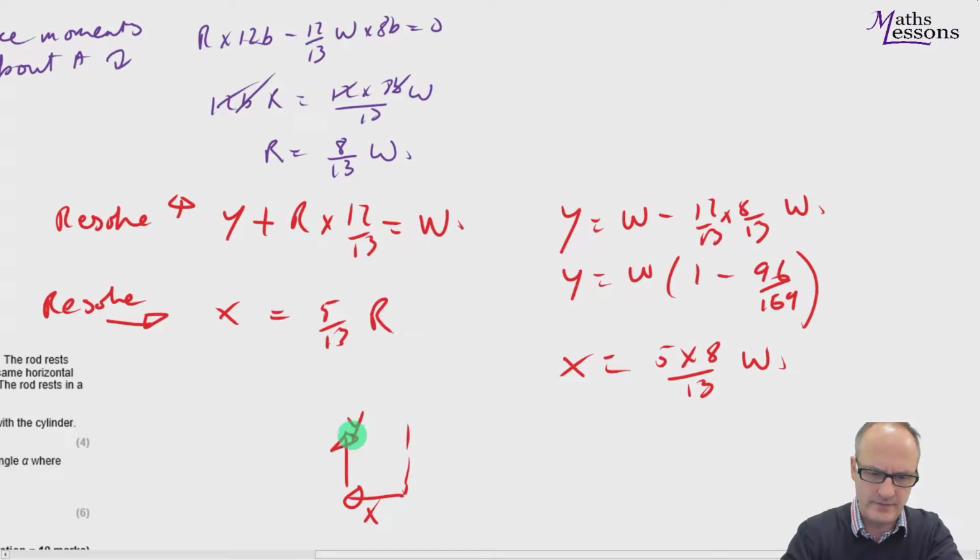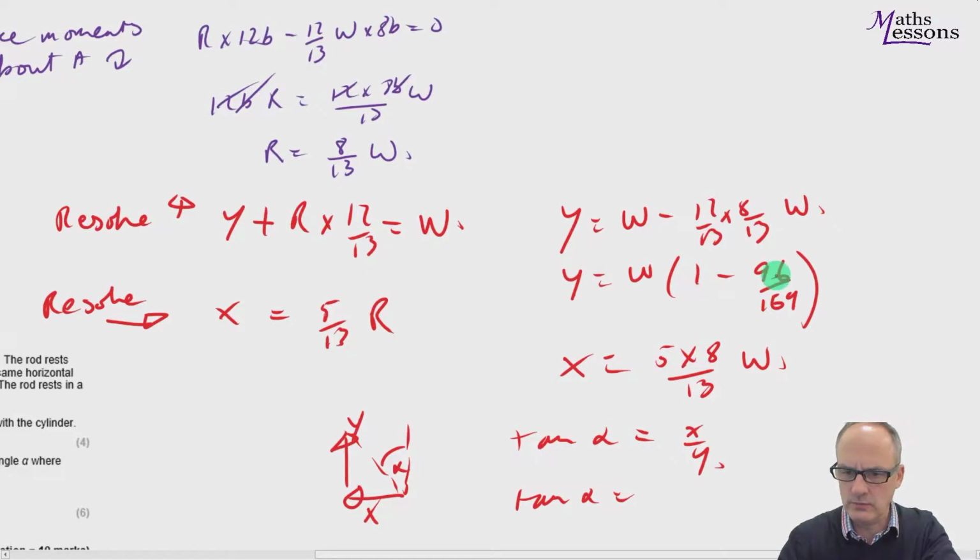Actually, alpha is measured from the vertical, so therefore tan alpha will equal X over Y. So tan alpha will equal, well, we've got 1 minus 96 over 169, so that's going to give me 73 lots.